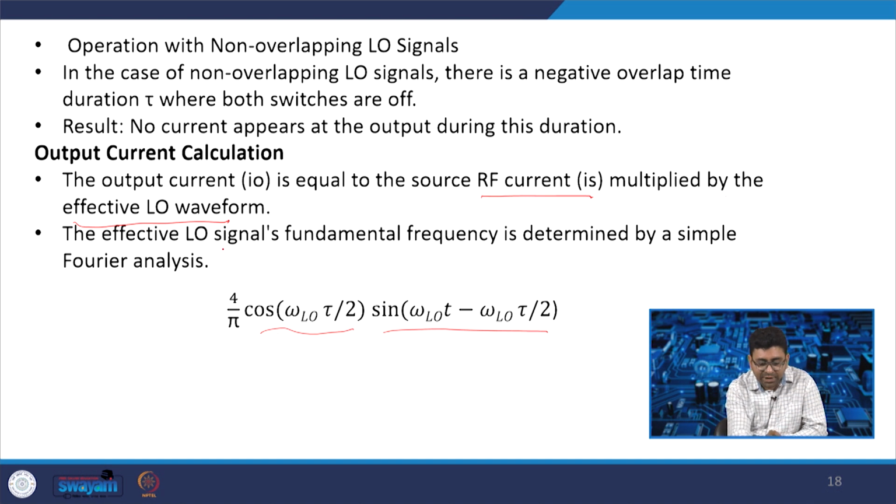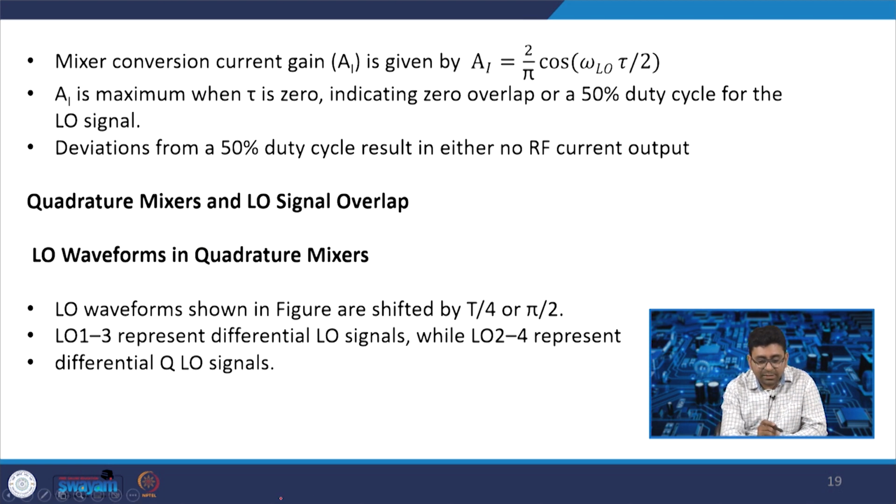The effective LO signal fundamental frequency is determined by a simple Fourier analysis, and we can write it in this form. If we consider the multiplication of these two, the mixer conversion gain A_I can be written as 2/pi cos(omega_LO tau/2).